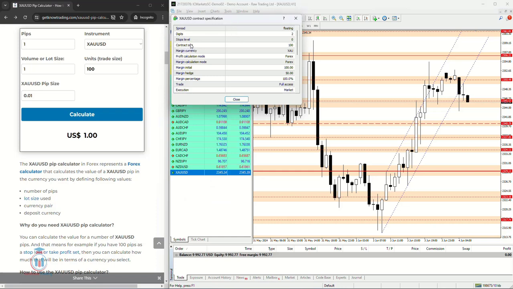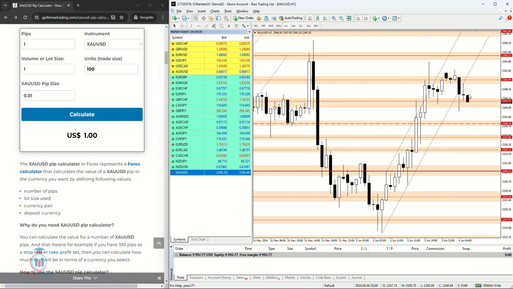Inside you will have a contract size that tells you how many units is one lot, which you need to put inside the calculator as the volume or the lot size. So in my case, for the gold, 100 units, which means the unit inside the price is the smallest price change, in this case the second decimal point.